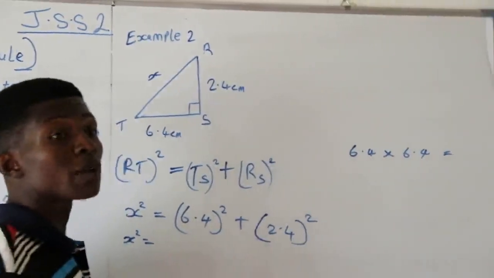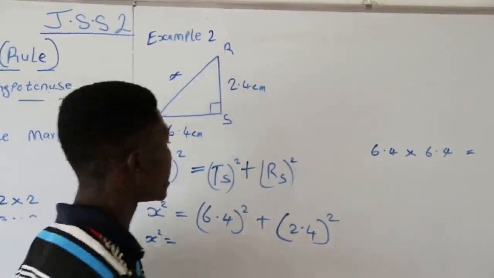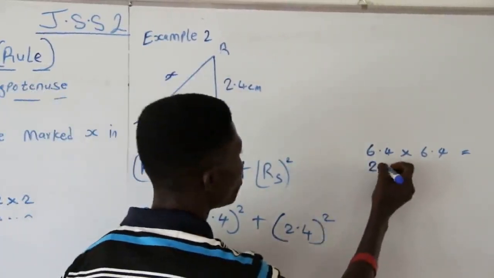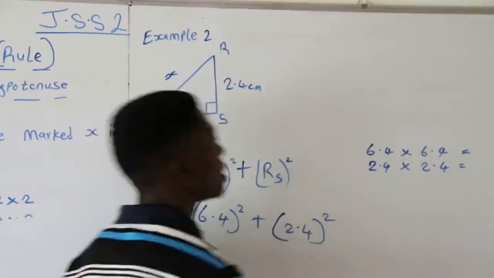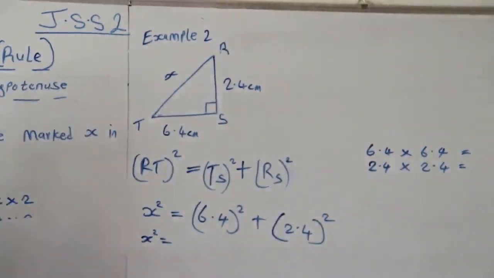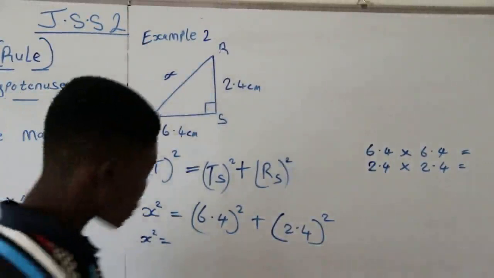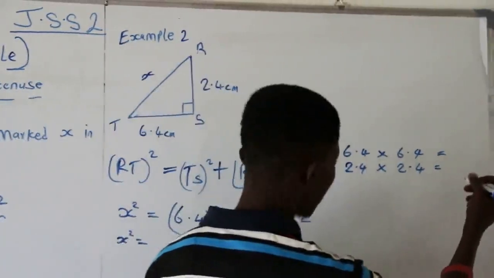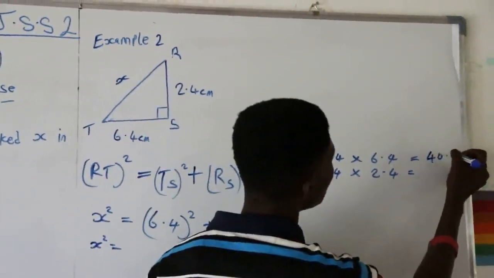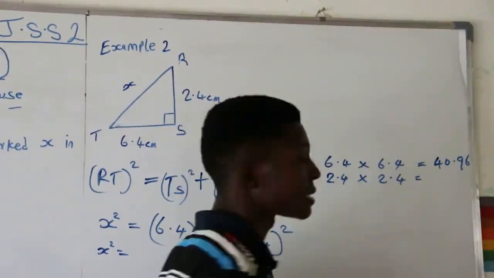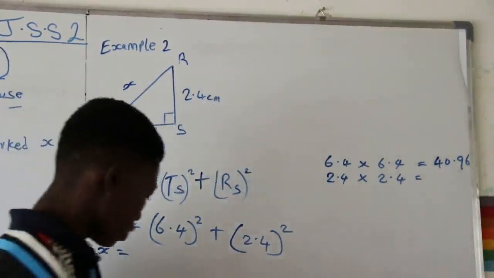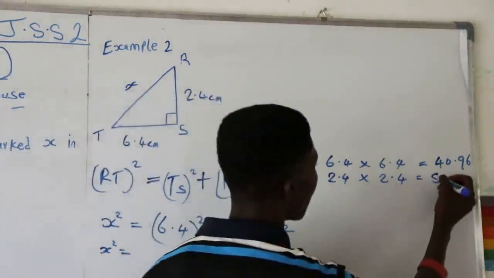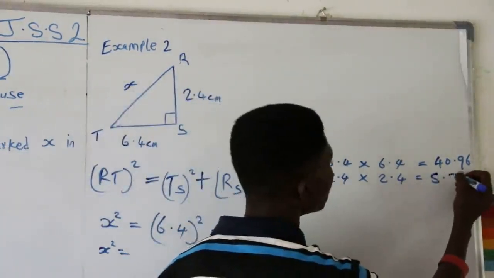It means you're going to multiply 2.4 by itself again, so we are going to have 2.4 times another 2.4. And if you punch your calculator very well, for the first one you are going to have 40.96, and then for the second one, you are going to have 5.76.